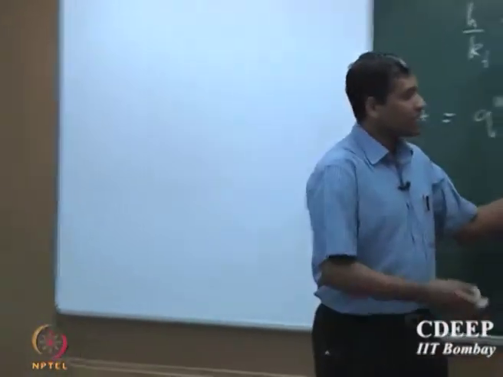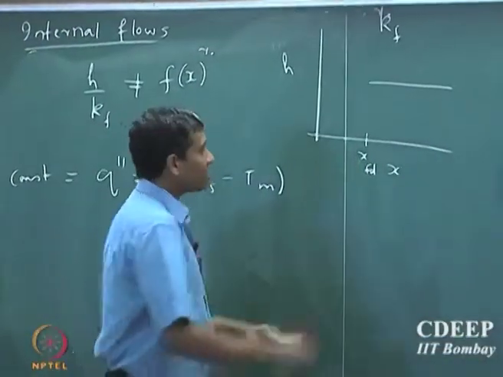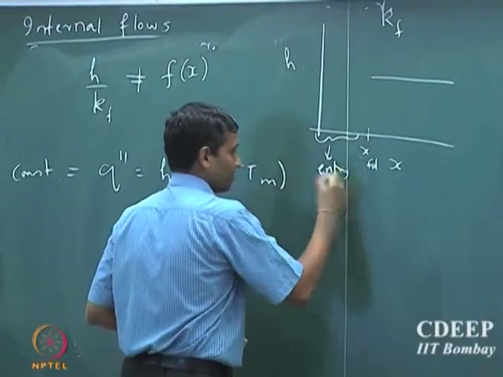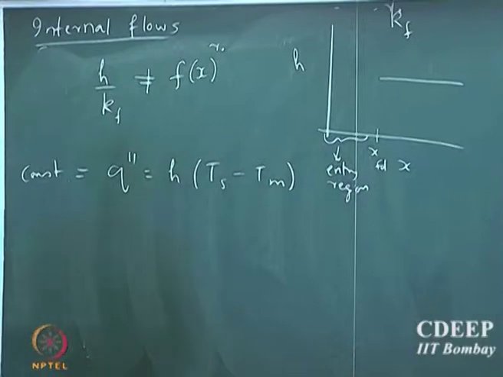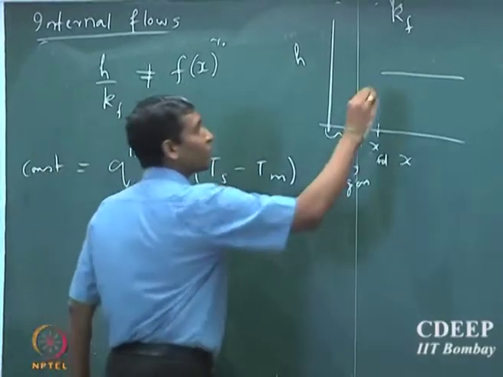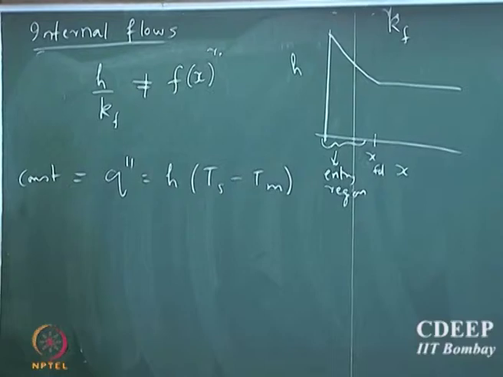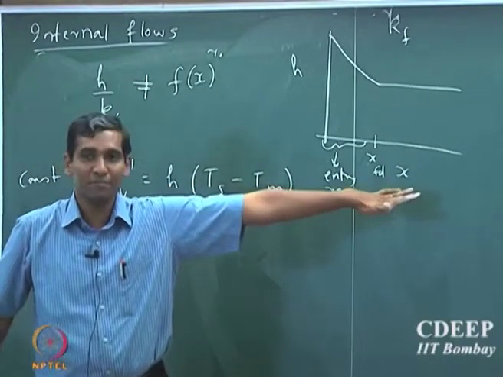Okay, so the temperature gradient will be smaller in the entry region. So this is what is called the entry region. The temperature gradient is going to be smaller in the entry region, and therefore in order to maintain constant flux, the heat transport coefficient has to be higher. Okay, so that's the profile of heat transport coefficient with respect to the axial position in the tube.